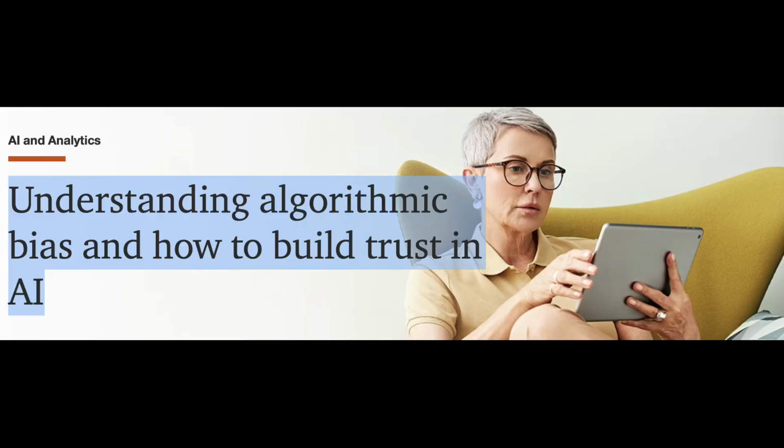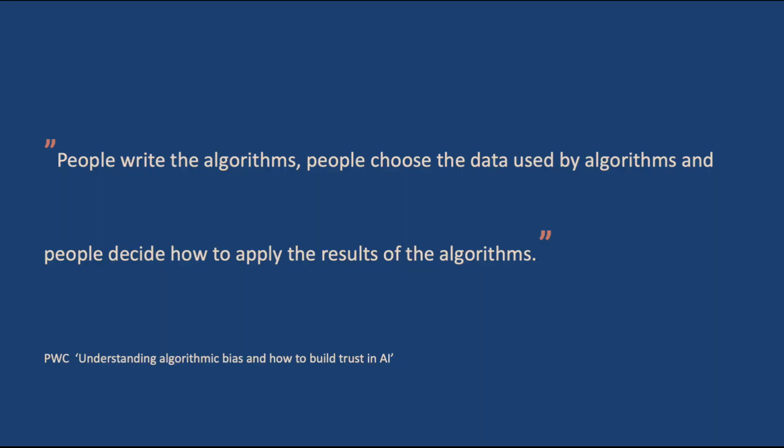PwC recently published research into algorithmic bias and trust in AI. Their report says, people write the algorithms, people choose the data used by algorithms, and people decide how to apply the results of the algorithms.